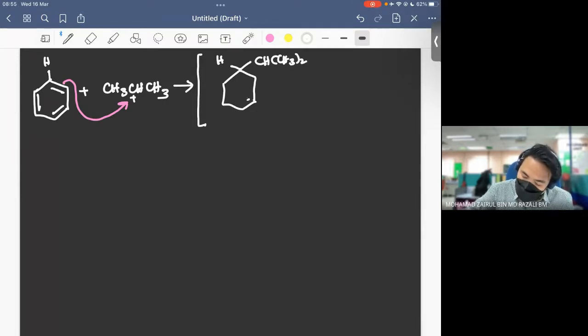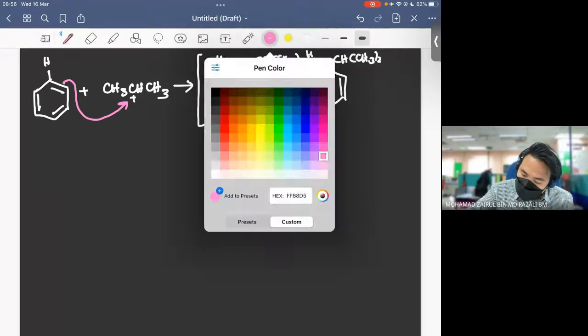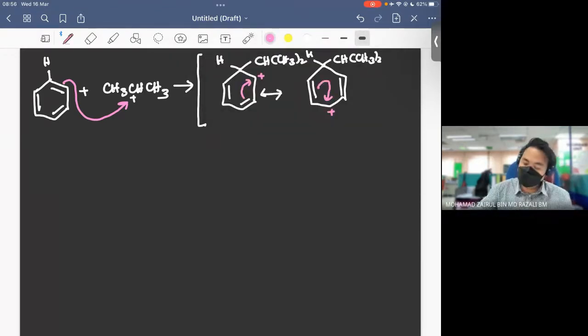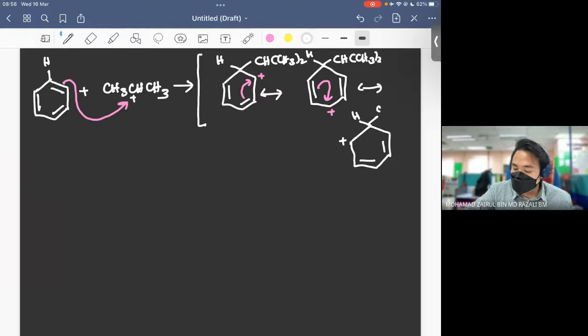Okay. So, positif dekat sini pula. So, dia akan hasilkan lagi satu resonance sini. So, double bond dekat sini pula. Oh, tak muat. Kita buat dekat bawah lah. So, double bond sini, positif sini, hydrogen, CH, CH3 2. Kita dah hasilkan resonance.